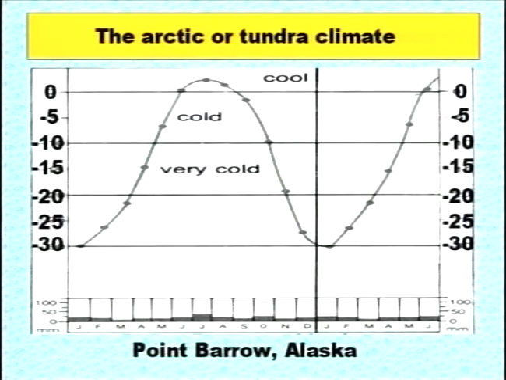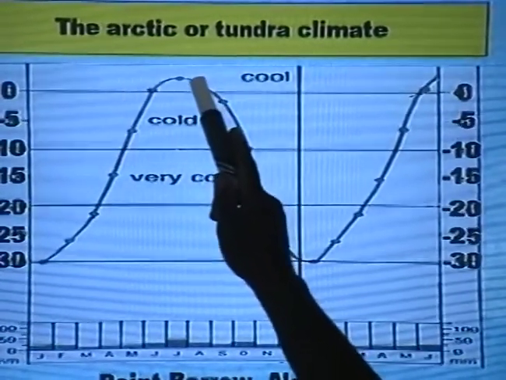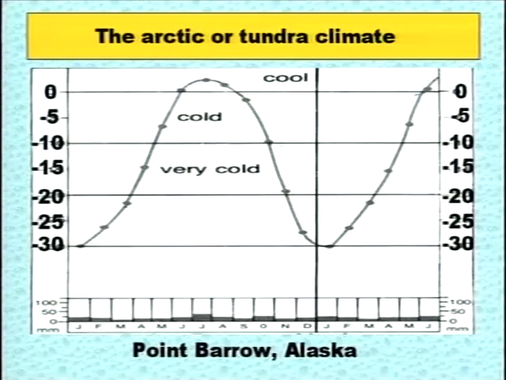The 0 there represents the division between temperatures above and below freezing point. For the case of the example, we have about 3 months of the year where temperatures are above 0. The rest of the months, temperatures are below 0. Okay, this is a sample of a climograph for the Arctic or the tundra type climate for Point Barrow in Alaska.